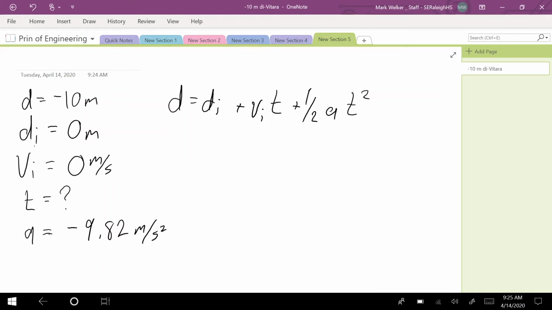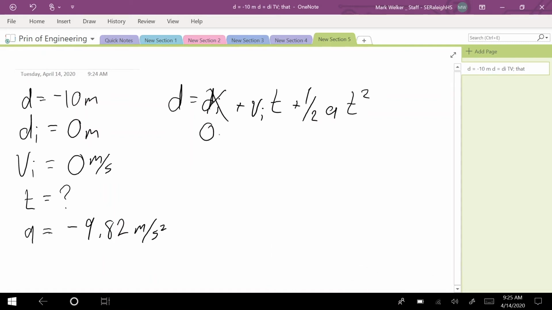So our di value is 0, which means we can ignore that. Our initial velocity is also 0, so we can ignore that because 0 times anything is 0, which means that we're simplifying this down to d equals 1/2 acceleration times time squared.